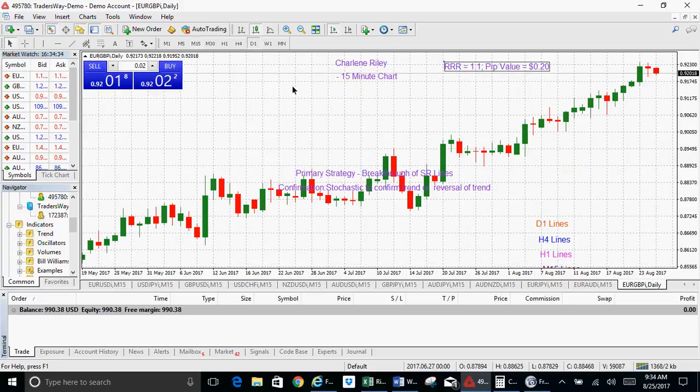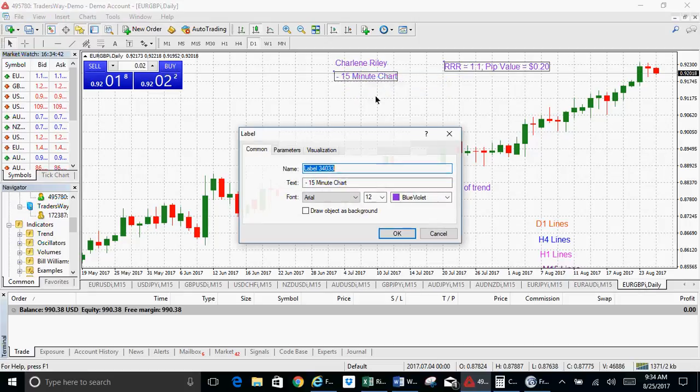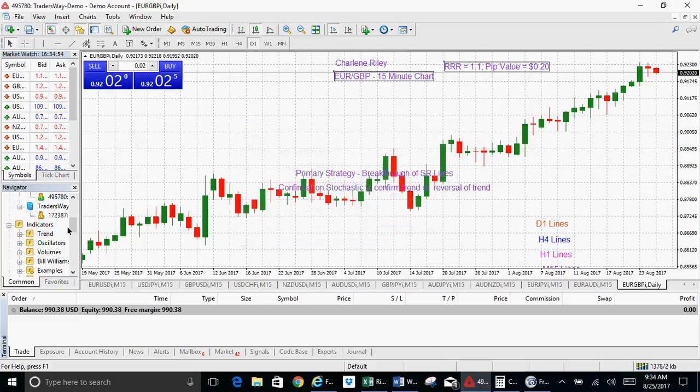Going over to the daily chart, we see that the overall trend is an uptrend. This market had been trending upwards overall since all the way back into May.